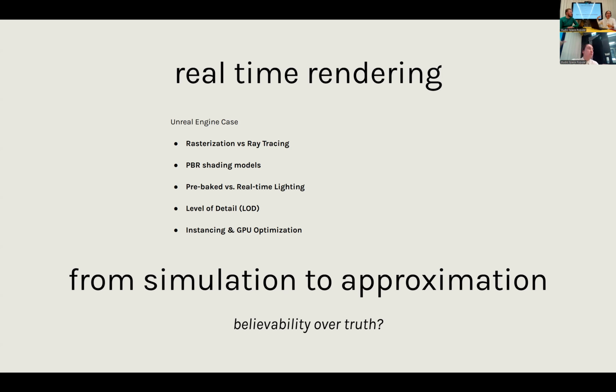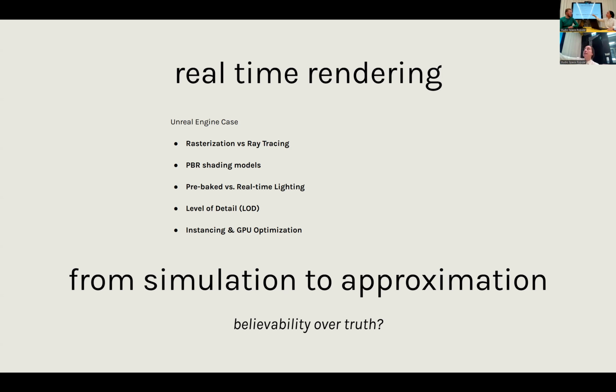PBR used to be embedded into this simulation and the very raw calculation of how light travels through space; now they actually have approximations embedded in them. And the more there is AI, the more it is actually an approximation.